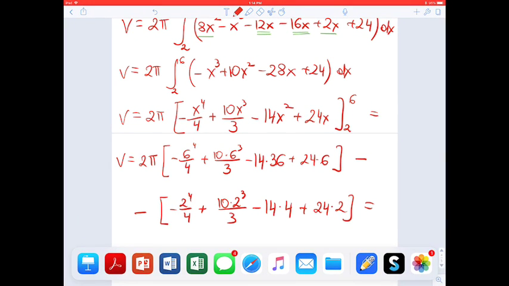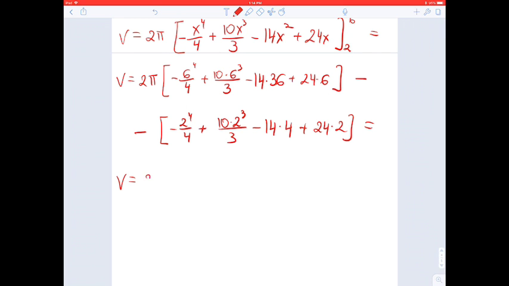And of course, if you use your calculator, you can get the answer. We have to use the calculator because the numbers are a little bit too big. But one more time, this is just a good question for your homework assignment. Okay, 6 to the power of 4 divided by 4. I used the calculator and got negative 324. 6 to the power of 3 is 216 times 10 over 3. 14 times 36 is 504. 24 times 6, that's actually easy, 144.